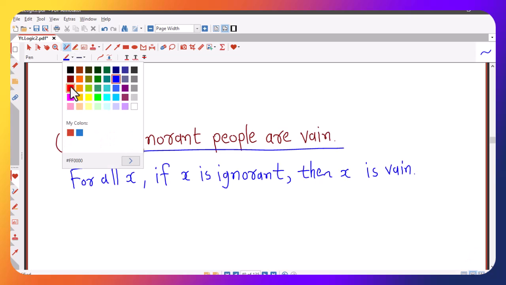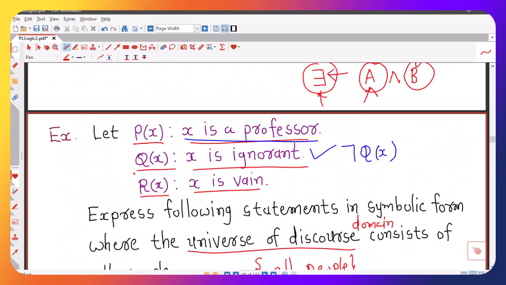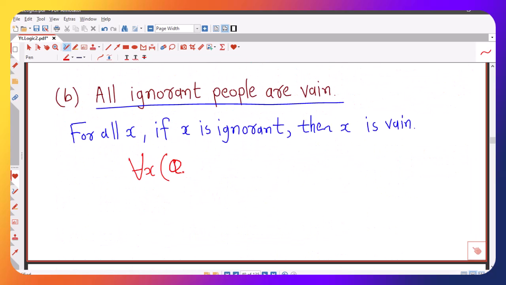So here also we will use the universal quantifier. For all x, x is ignorant is denoted by Qx, and x is vain is denoted by Rx. So Qx implies Rx. Here I will write Qx implies Rx. This represents that all ignorant people are vain, or for all x, whenever x is ignorant, then x is vain.